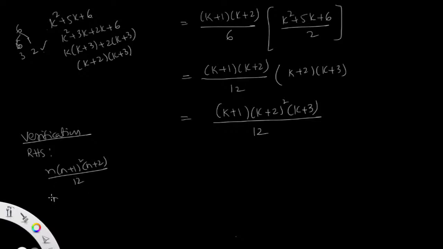Put n equal to k plus 1. n equal to k plus 1 means k plus 1 plus 1, k plus 2 whole square, k plus 1 plus 2 that is k plus 3, divided by 12. So in the place of k plus 1 we write in terms of n, that is n plus 1 whole square, n plus 2 divided by 12.